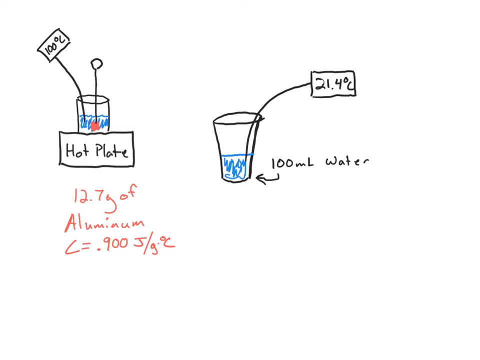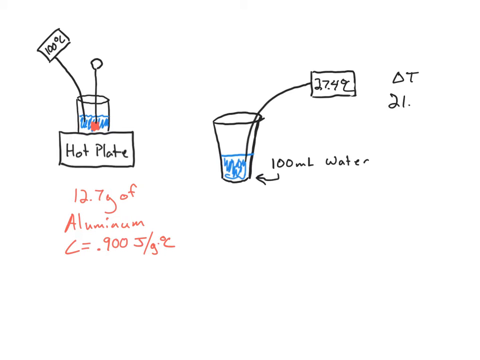So let's suppose that temperature goes up a little bit. And let's suppose that temperature goes up to, I'm just going to make up numbers here, 27.4 degrees Celsius, right? So now I know my delta T for water.